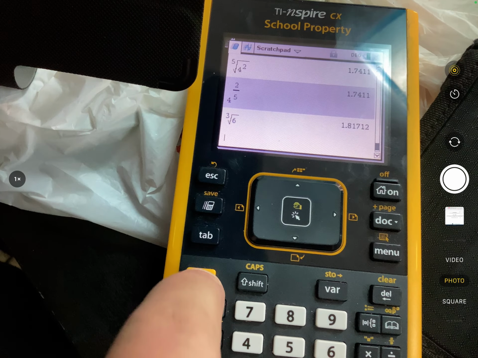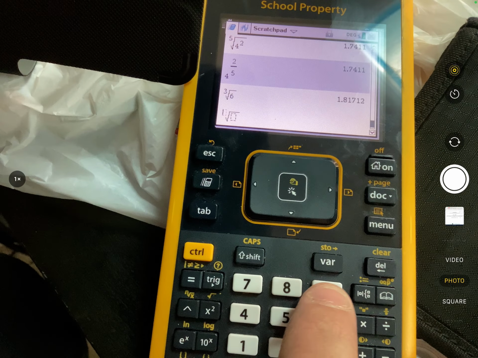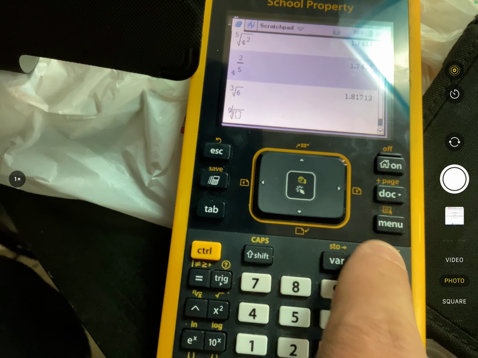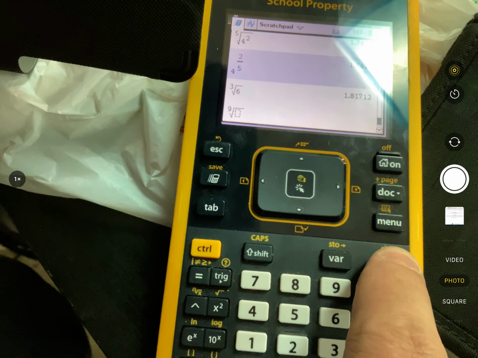If I hit the yellow arrow and I hit 9, ooh, delete. It's not 9 that goes there. Mr. Ring, you're being dumb. All right. It was the third root of 9 squared. And I hit enter and I get the number 4 point. Okay, that's not going to help us because it doesn't give us a whole number. Since it doesn't give us a whole number, we're going to leave this as the answer.